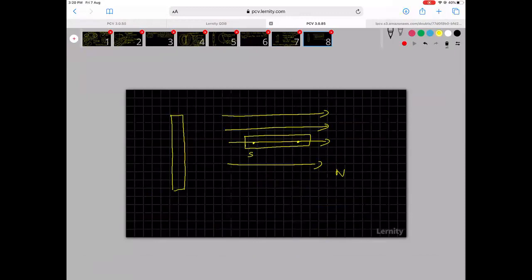So that is what is happening in the earth also. A magnet orients itself in the direction of the external magnetic field. So the south pole goes that side and the north pole comes onto the other side.